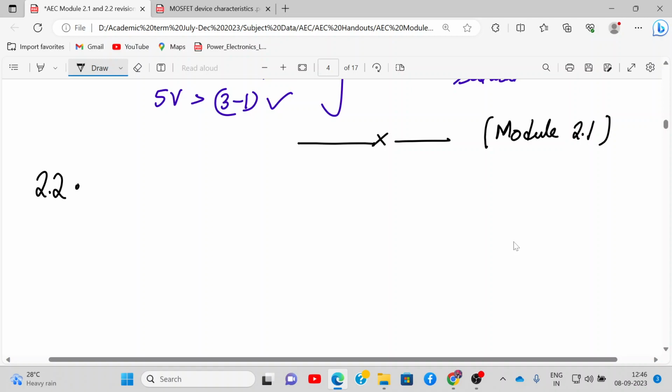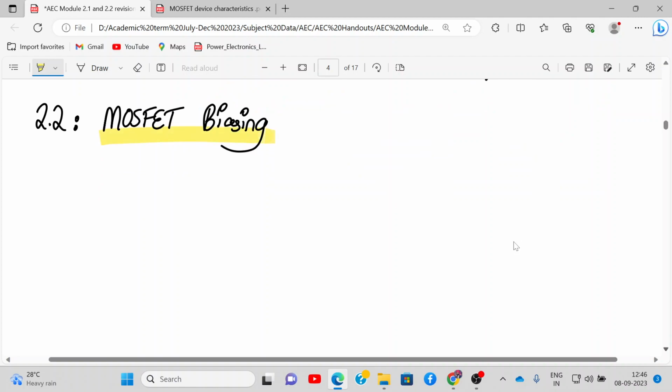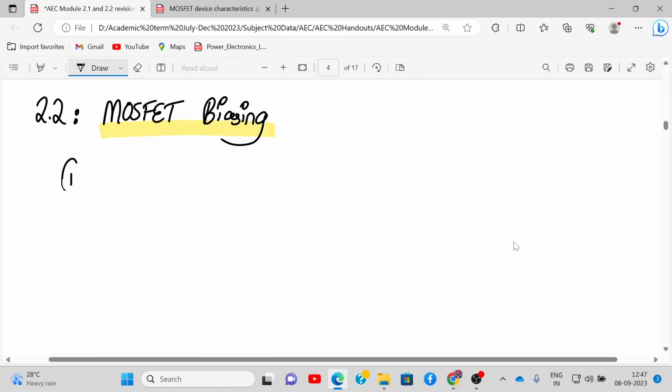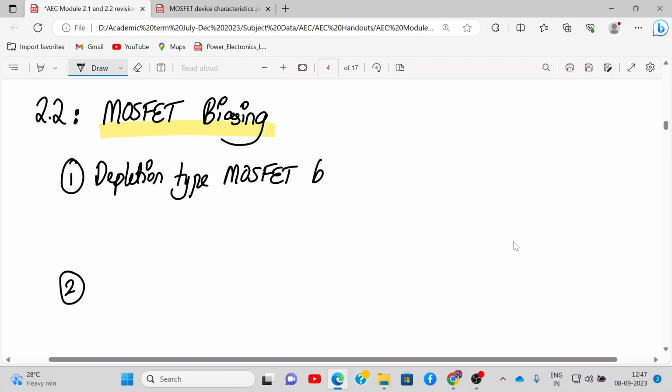So 2.2 involves MOSFET biasing. This I can cover at a later time because there are two types. We have depletion type MOSFET biasing, then we have enhancement type MOSFET biasing.